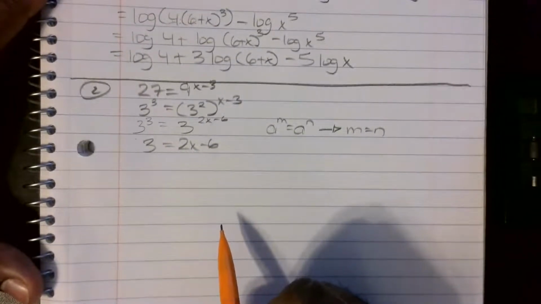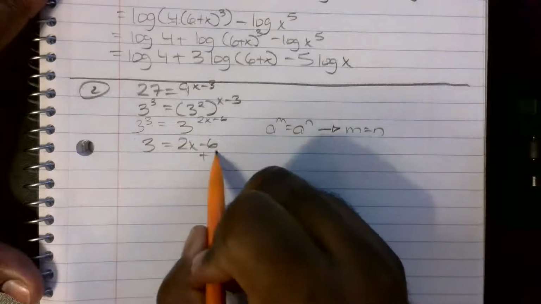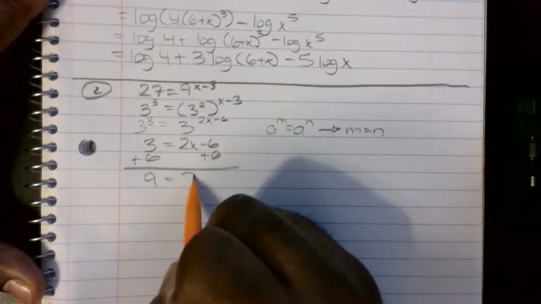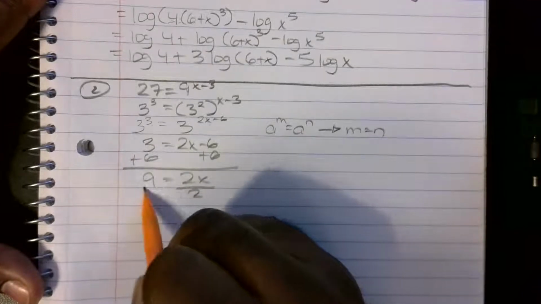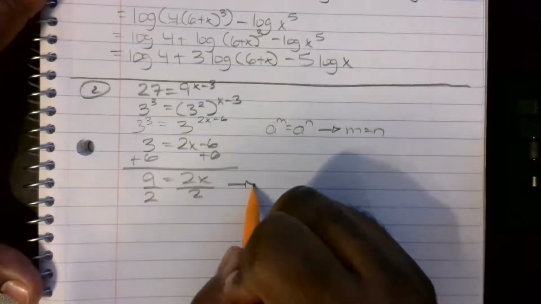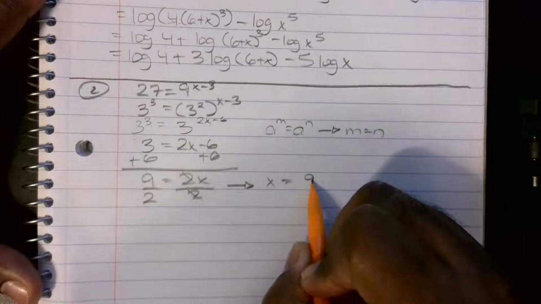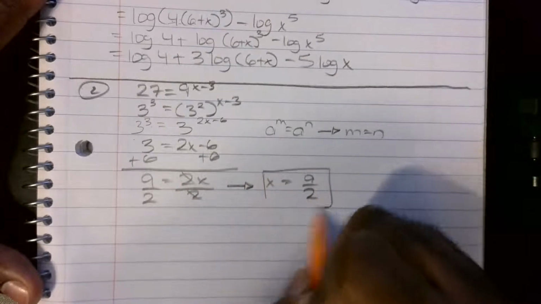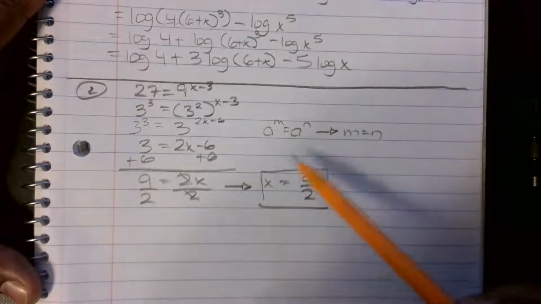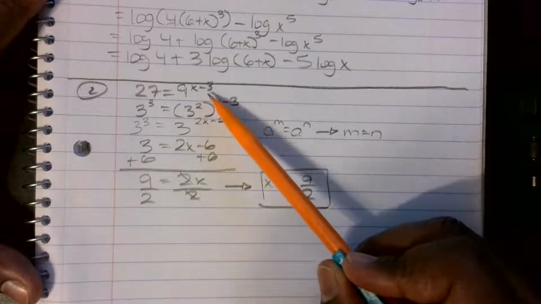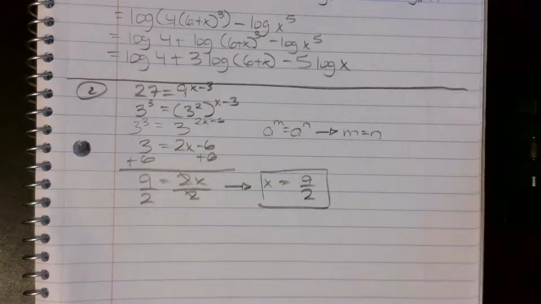From here, algebra. 6 plus 3, 9 is equal to 2x, divided by 2, divided by 2, and x is equal to 9 over 2. All right, I do glance up at my original problem to make sure that it doesn't cause any issues as far as things about zero and stuff like that. And it doesn't.